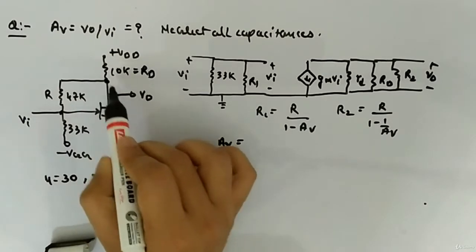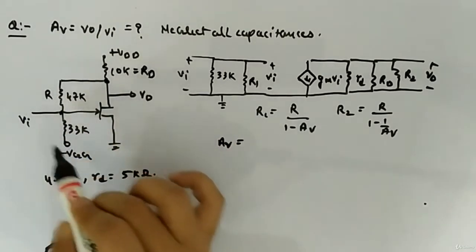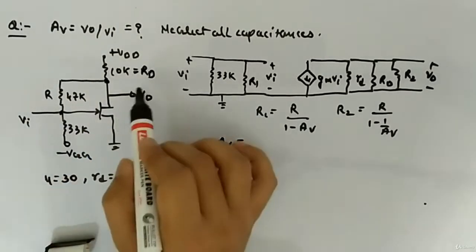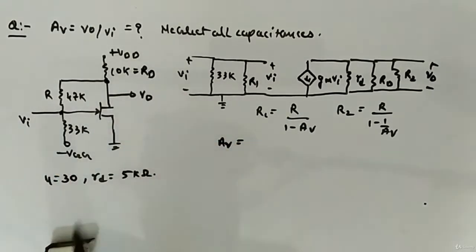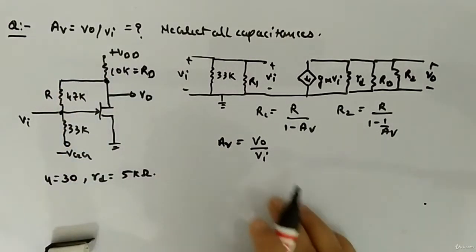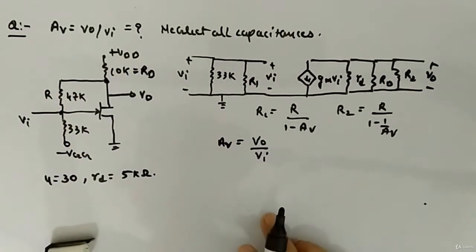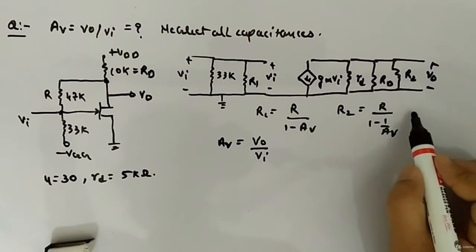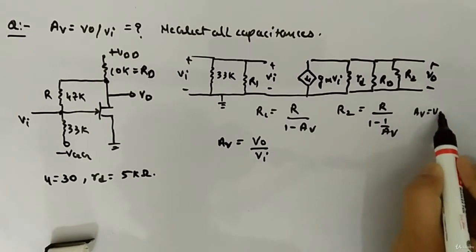This is V naught and this is Vi, the terminal potentials with respect to ground, which is what we require. So AV is equal to V naught by Vi.